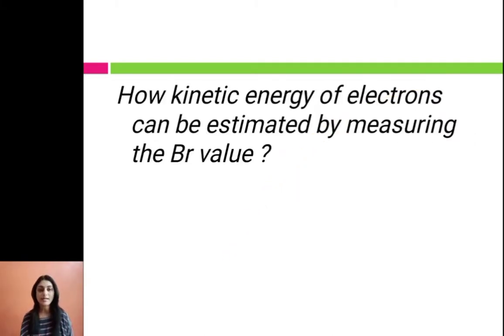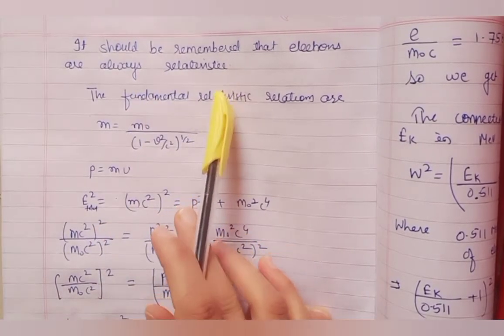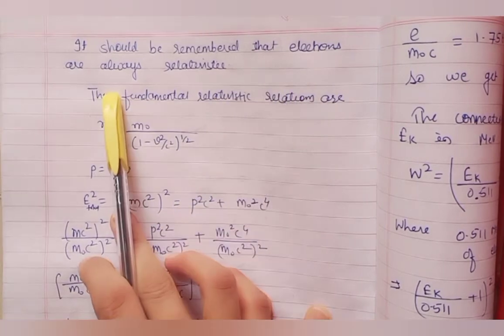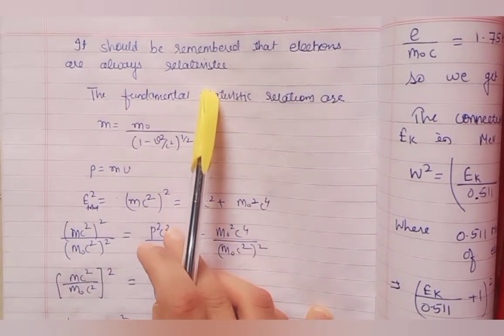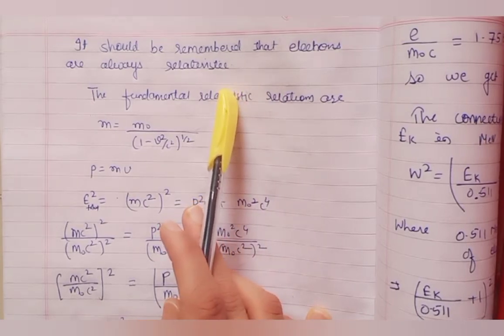Now, how can the kinetic energy of electrons be estimated by measuring the BR value? Let us study that. It should be remembered that electrons are always relativistic, in the sense that they have velocity comparable with the velocity of light.